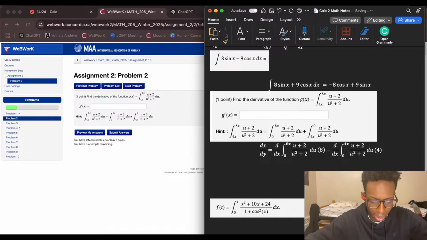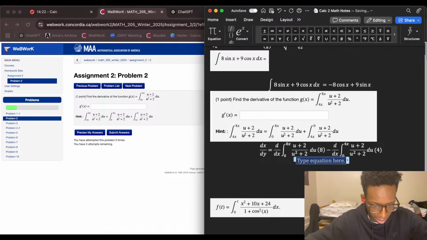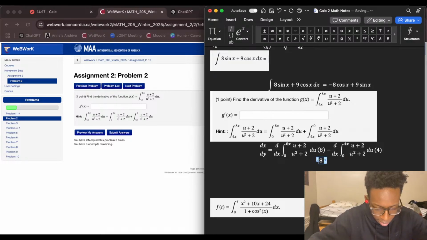So now we know, that'll be 8u plus 16 minus 4.